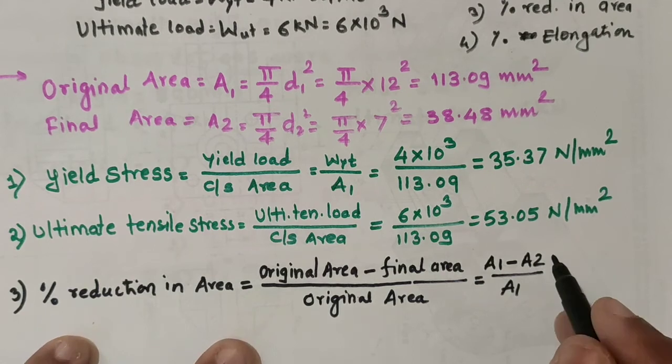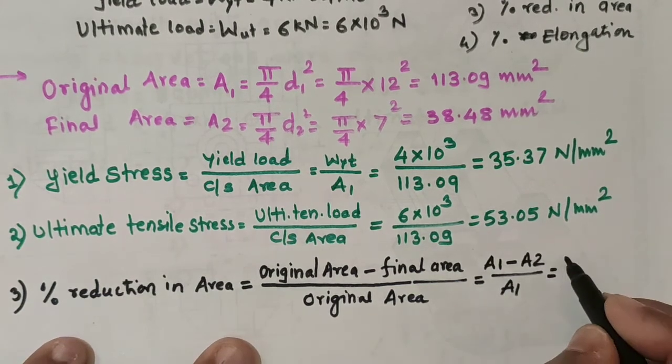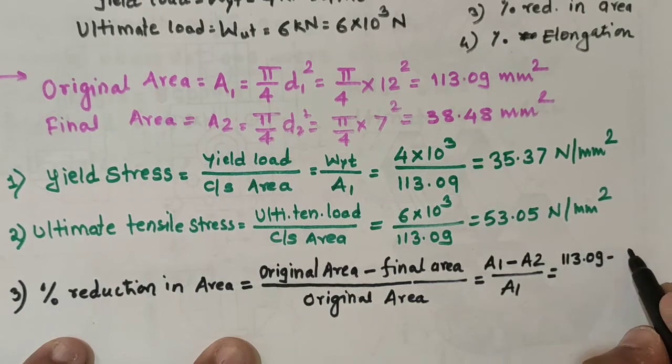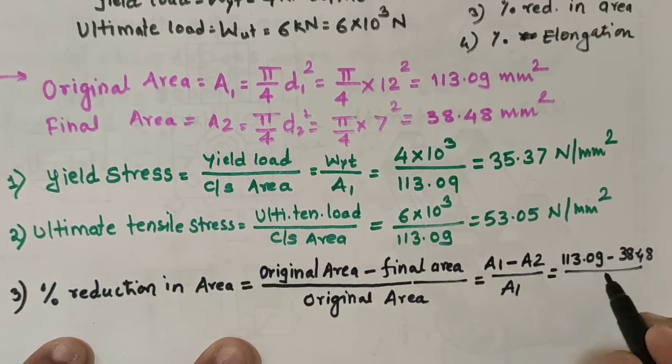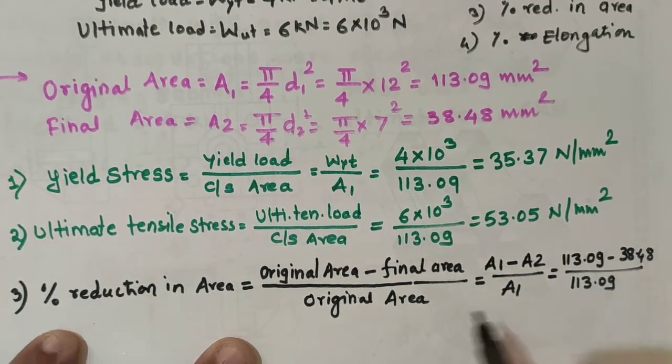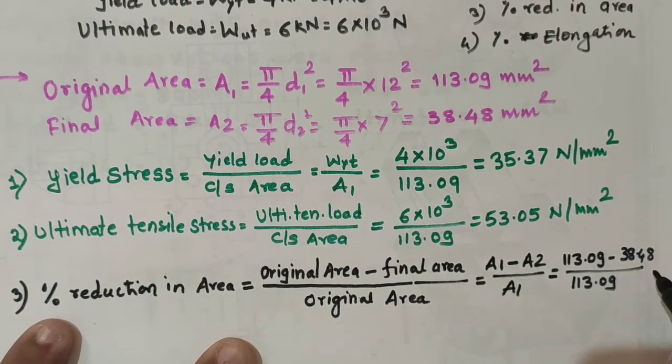So we'll get 113.09 minus 38.48 upon 113.09, and percentage means into 100.